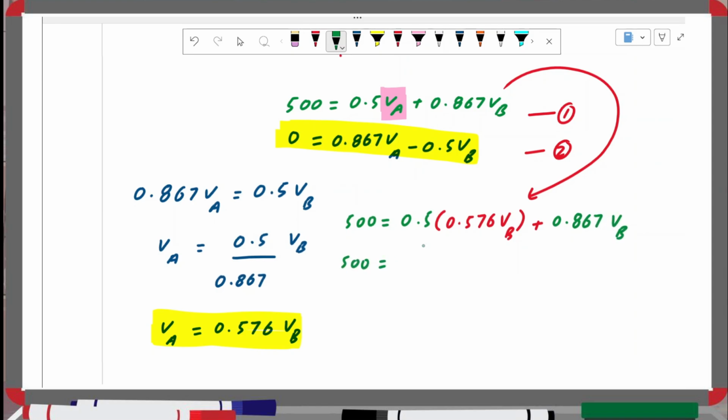So if someone can multiply these two, 0.288. Okay, 0.288 VB plus 0.867 VB. Now we have the like terms. We can easily sort it out. 1.155 VB.